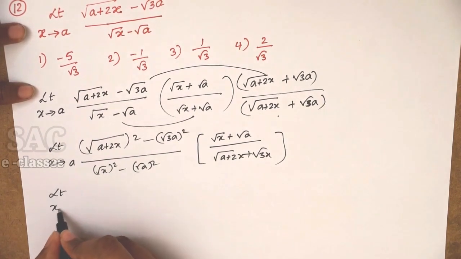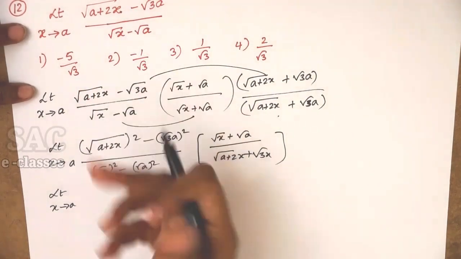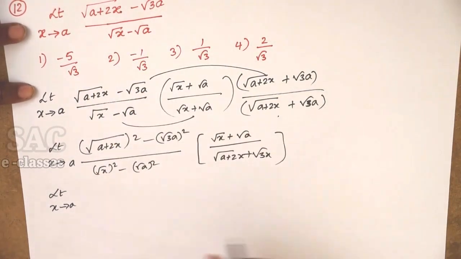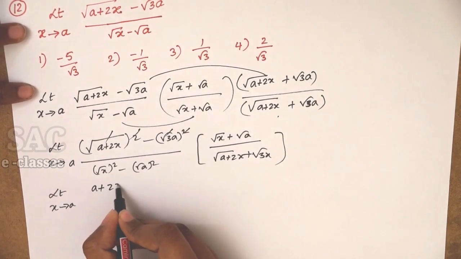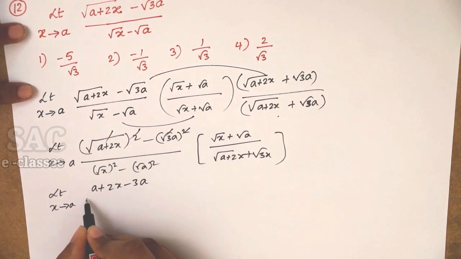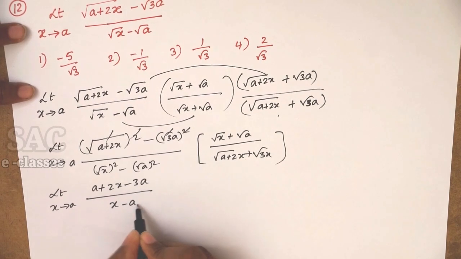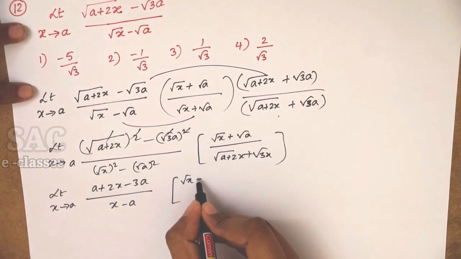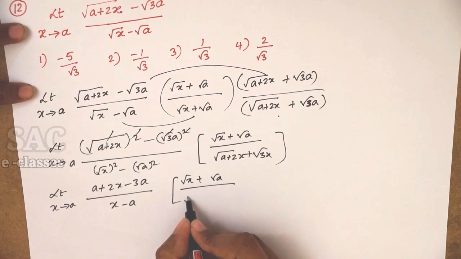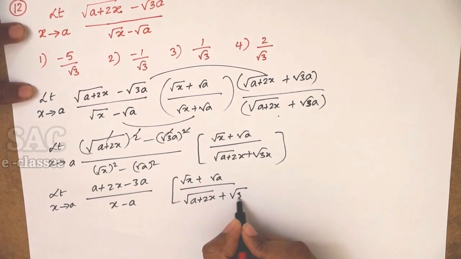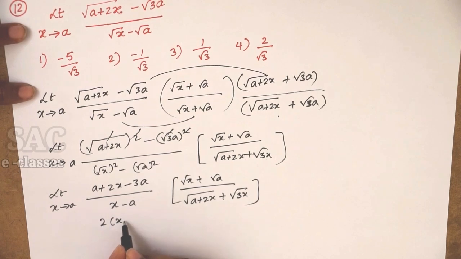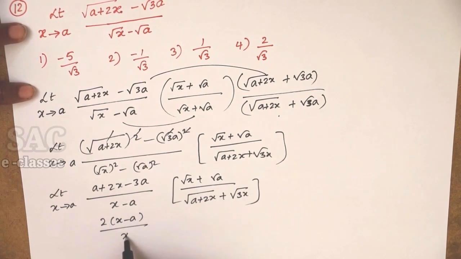Let's simplify. Why are we doing this? Because it is getting 0 by 0 form. That's why we are eliminating it with the help of rationalization. a plus 2x minus 3a by x minus a, now root x plus root a by root over a plus 2x plus root 3a. Clearly it is 2 times (x minus a) by (x minus a).